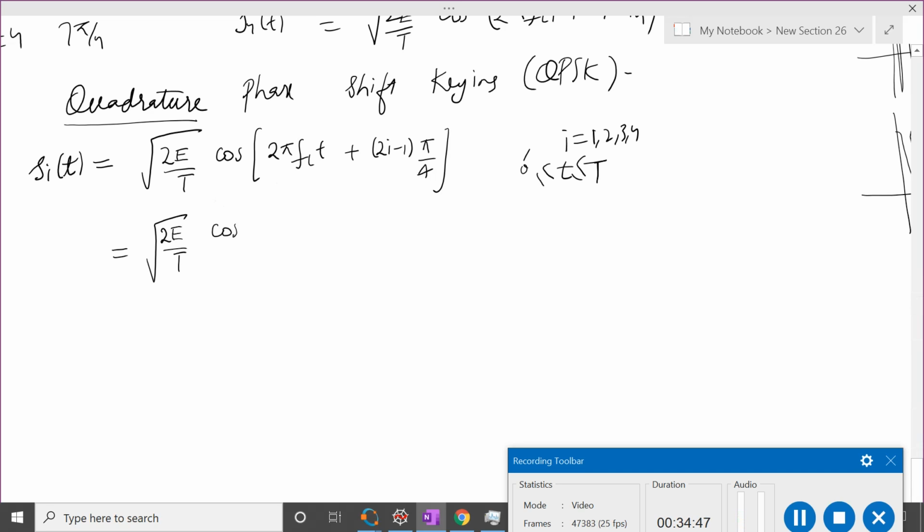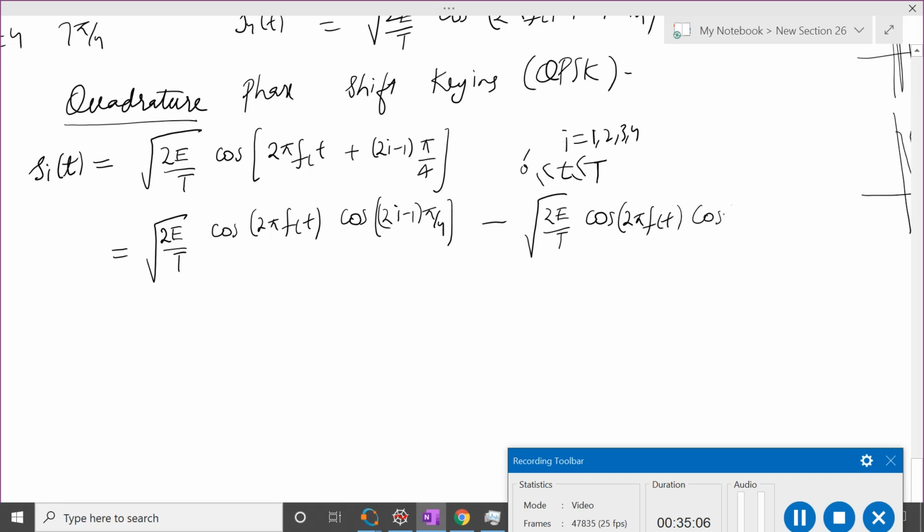So cos of 2 pi fct cos of (2i minus 1) pi by 4, minus sin of 2 pi fct sin of (2i minus 1) pi by 4.